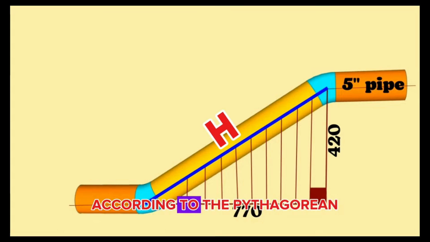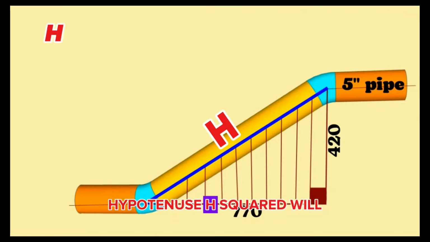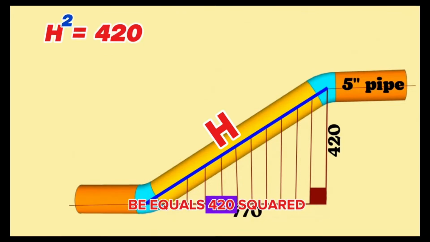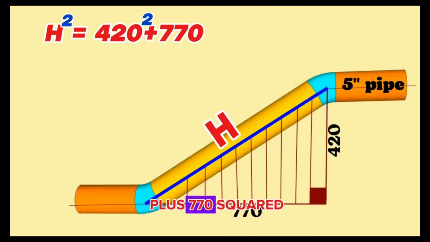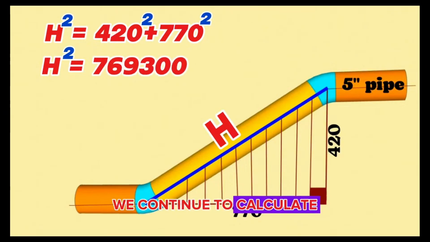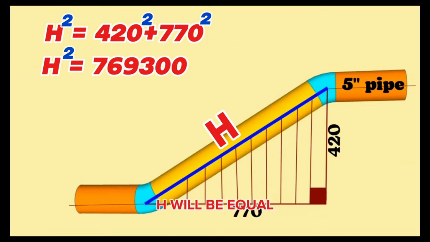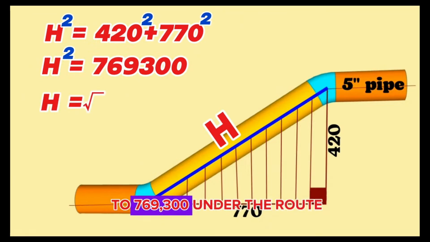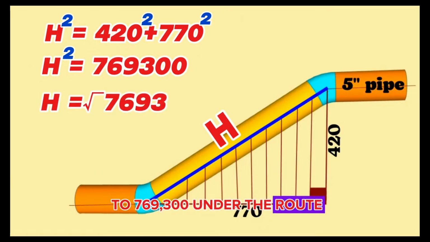According to the Pythagorean theorem formula, hypotenuse H squared will be equal to 420 squared plus 770 squared. Continuing to calculate, H squared will be equal to 769,300. To find H more easily, H will be equal to the square root of 769,300.